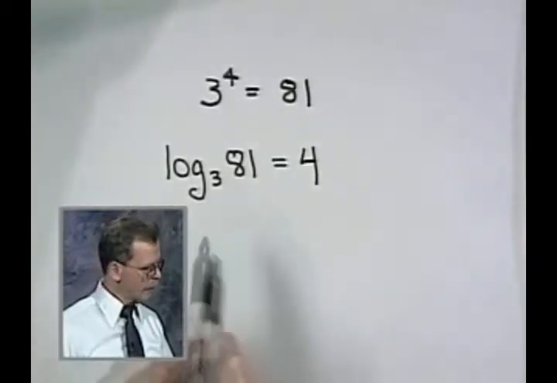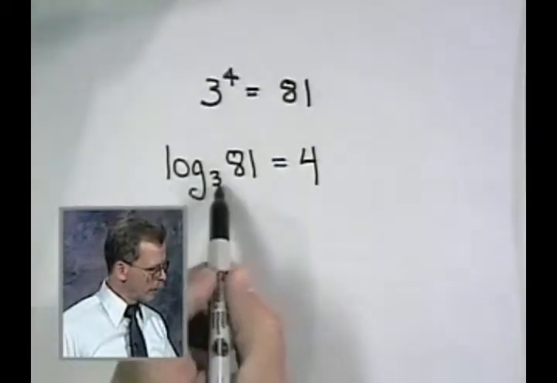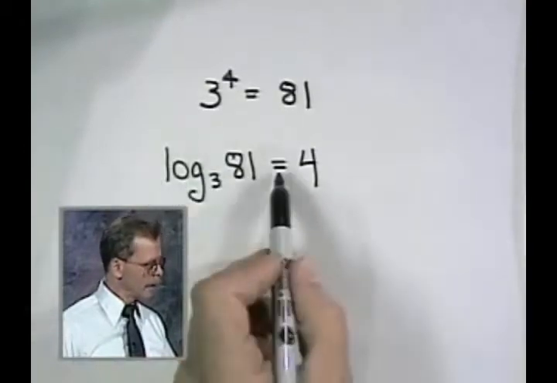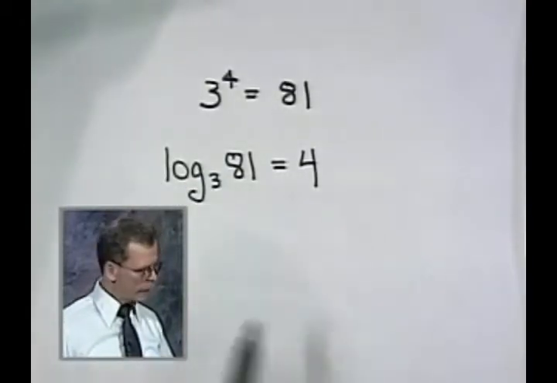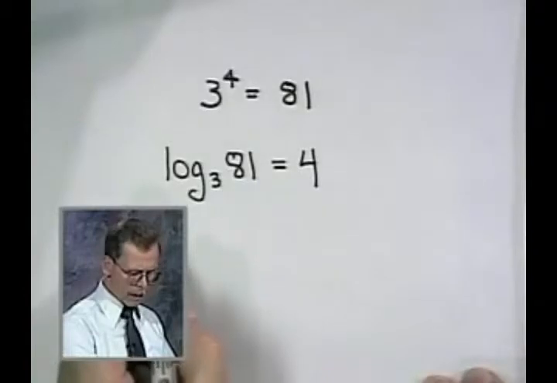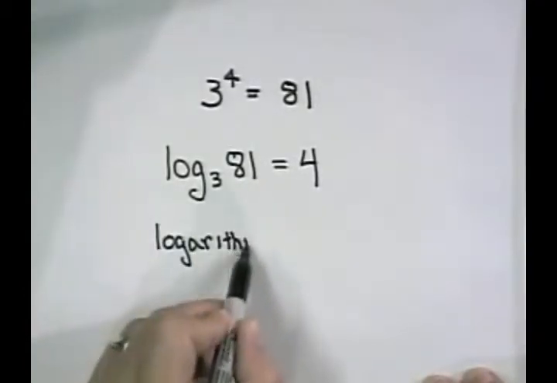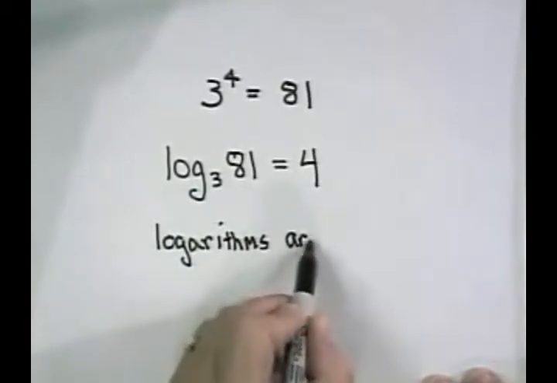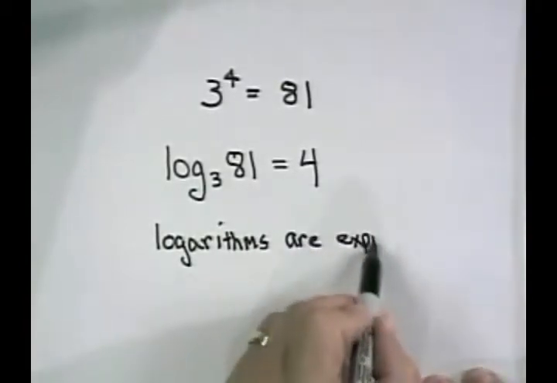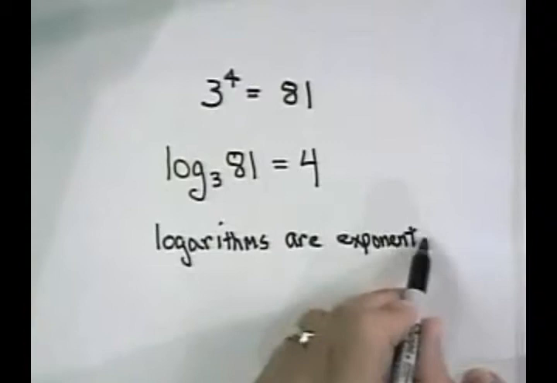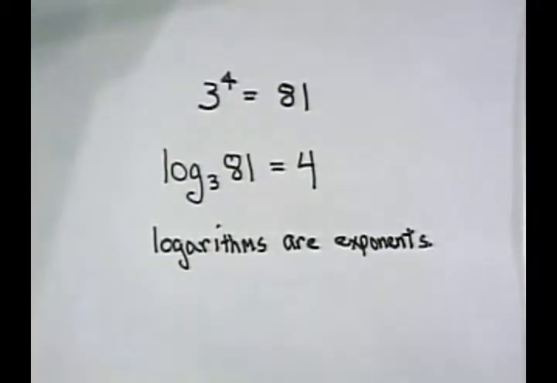From this we can understand that the logarithm, base 3 of 81, is 4. And so we get a very important idea right off the top: logarithms are exponents. That little phrase will help you with your conversions.